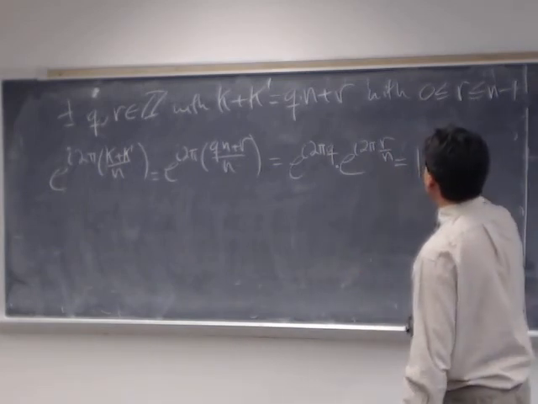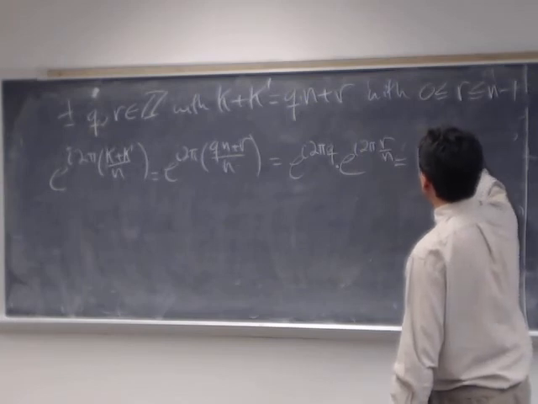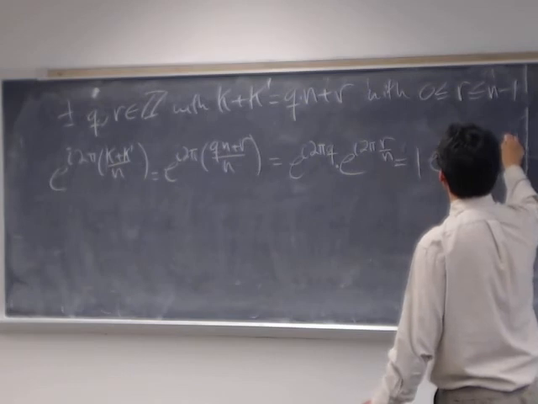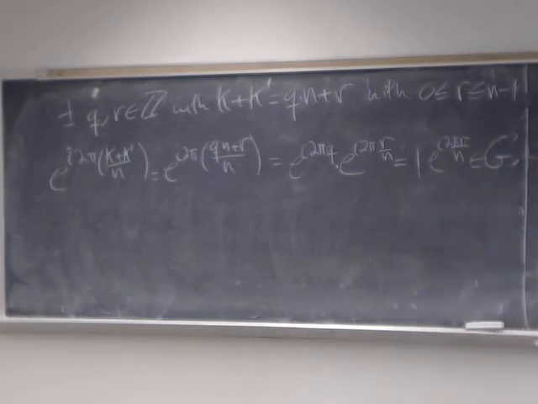And then this is just e to the 2 pi i r over n. And that's in our set G because the division algorithm guarantees that the remainder is less than n. So we have closure.